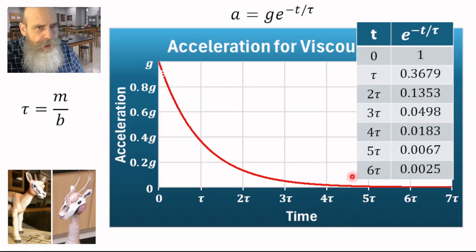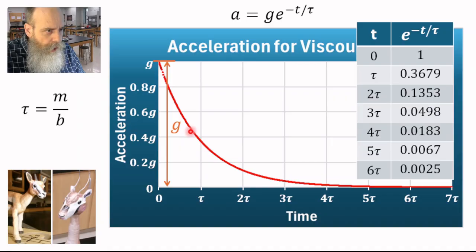Look at this factor e to negative t over tau. When t equals 0, it is 1. As t increases, it gets closer and closer to 0. When t equals 0, the acceleration is g. It is g away from the final value of a equals 0. When t equals tau, the acceleration is g over e.